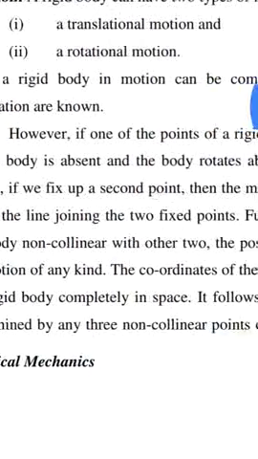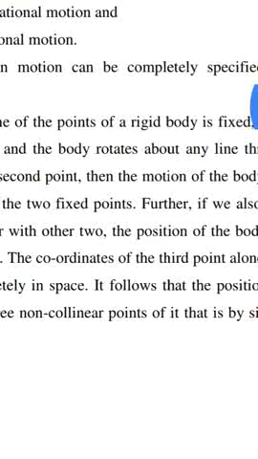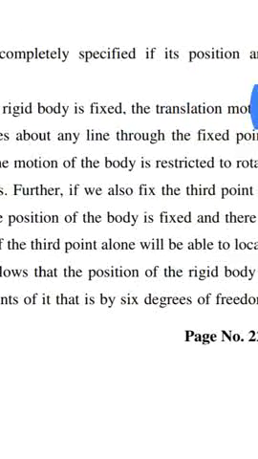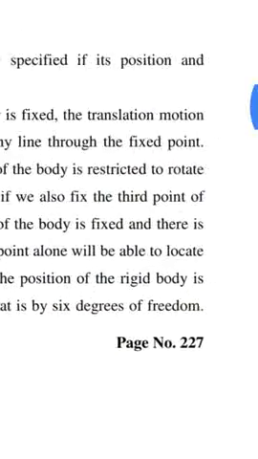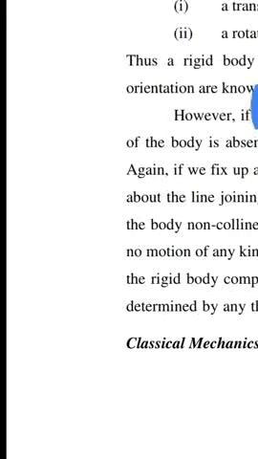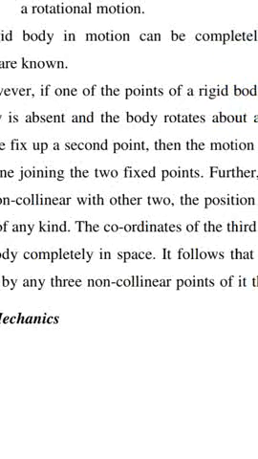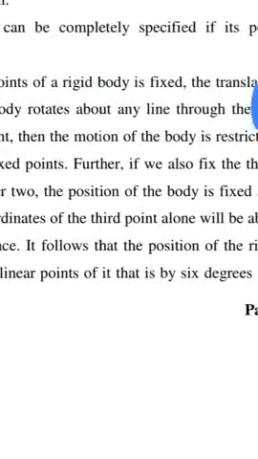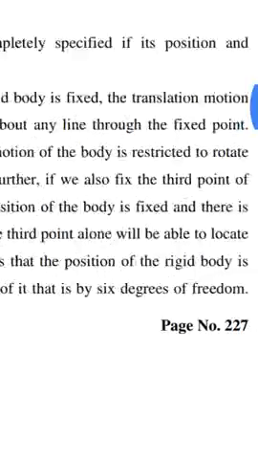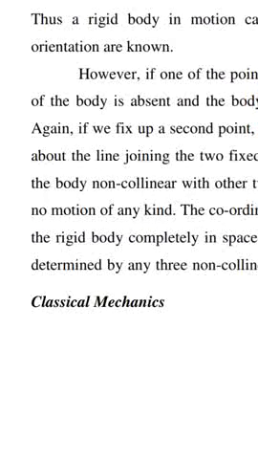However, if one of the points of the rigid body is fixed, the translational motion of the rigid body is absent and the body rotates about any line through the fixed point.